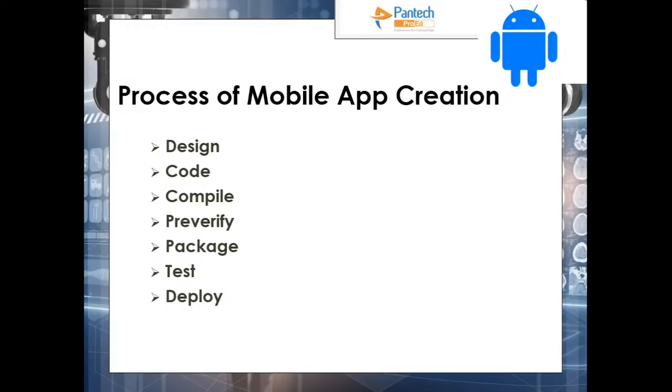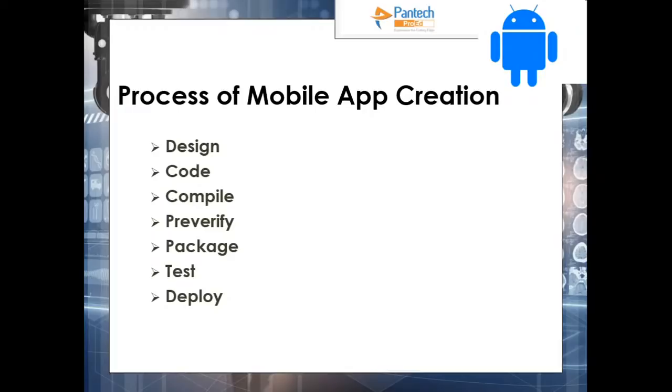Now, the process of mobile app creation. If you want to develop a mobile app, you need to follow some steps. This comes under software testing. If you want to develop one application or any OS, we need a procedure, and based on that procedure we do the development.